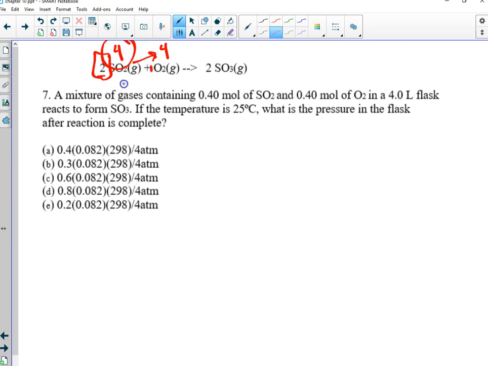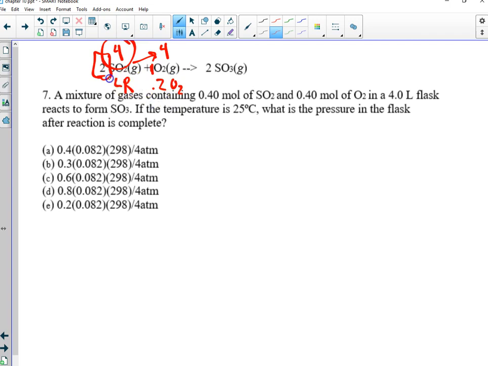No. So that means SO2 is your limiting reactant, correct? Are you okay with that part? All right. And it also means you use 1/2 of the O2. It's a 1 to 2. So the 0.4 is cut in half. So it's 0.2 excess of O2. Who's okay with that part?